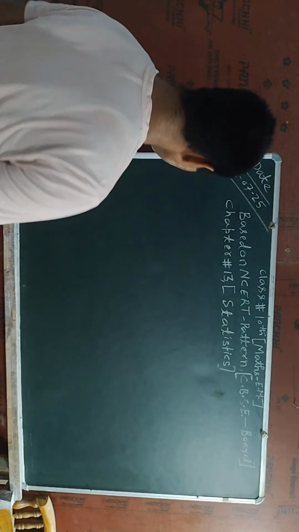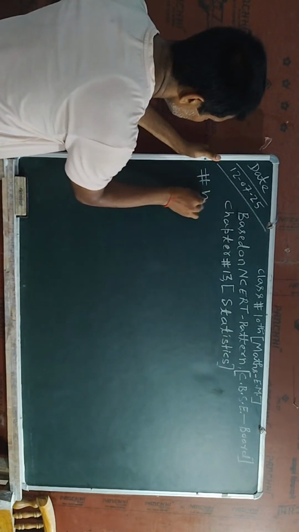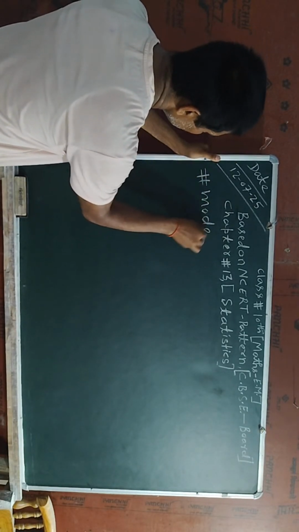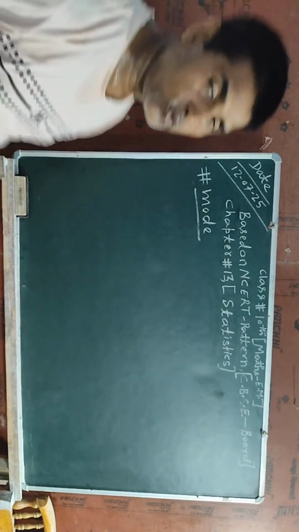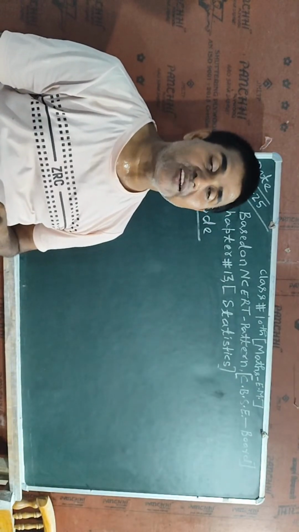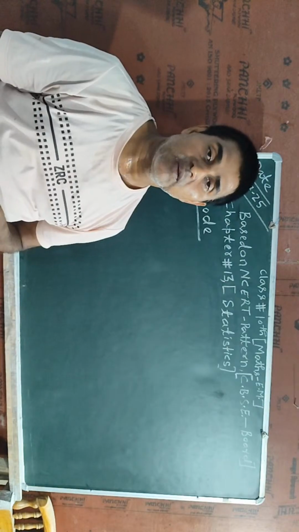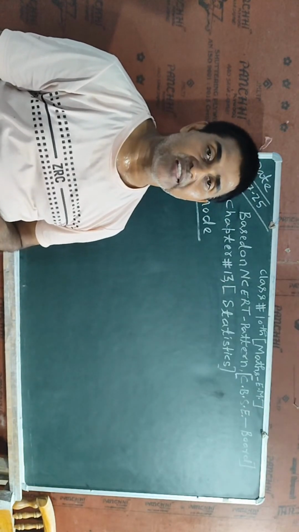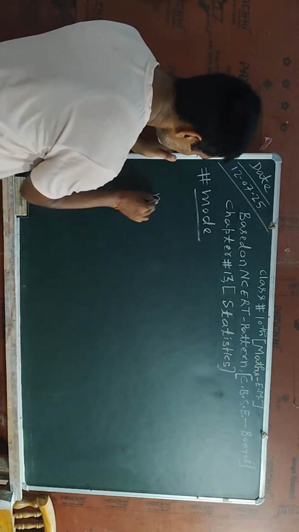Now here the next topic is mod. Mod of ungrouped data. If any ungrouped data is given, we have to find the mod of that ungrouped data. That will be the maximum number of repetitions.